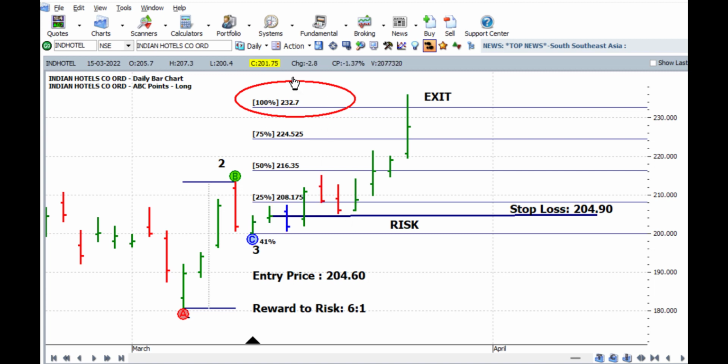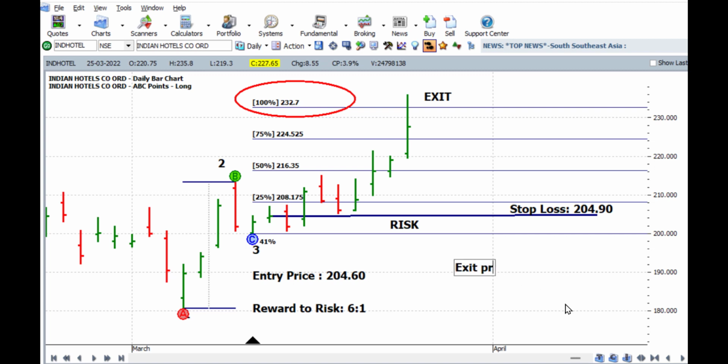Once we exit at 232.7, our trade is closed. This is an example of how the 100% has been achieved and how we exit the trade. Let's look at a few numbers. How much did we make as a profit?